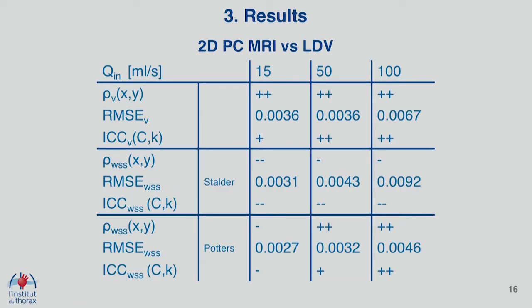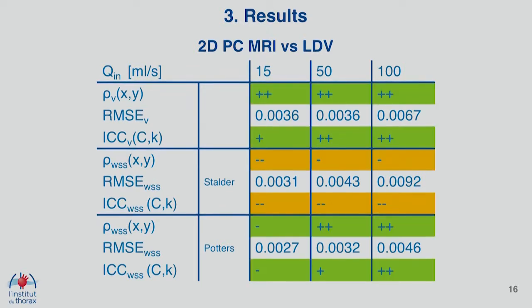And if you switch to the statistical analysis for 2D results, we can state that with exception of the Stalder results, generally results showed a strong consistency and correlation, with exception of lower flow rate, in which noise may have a stronger influence.